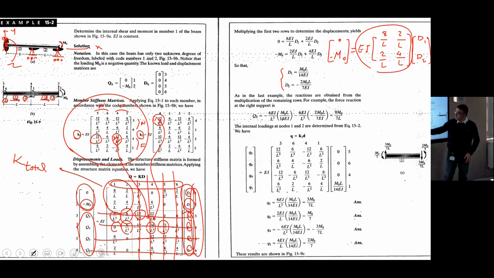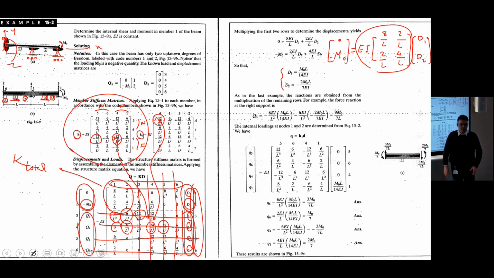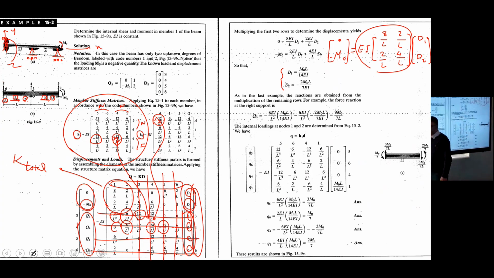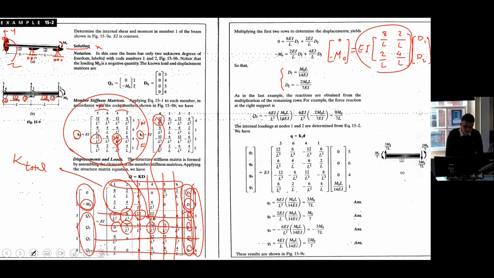If you do the same for this matrix, you will get the internal element forces for element number 2 at both near and far ends, right? Look at them carefully if there is any question.